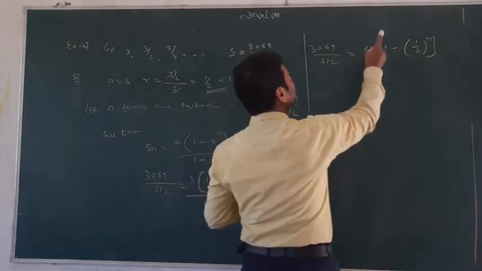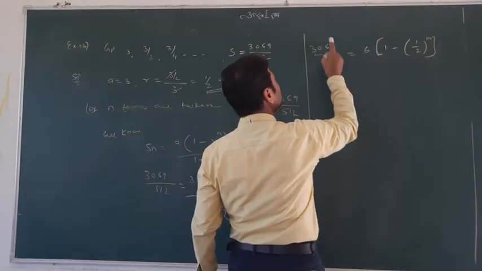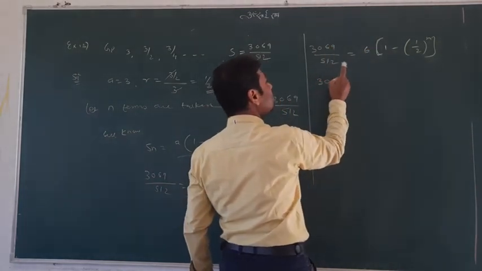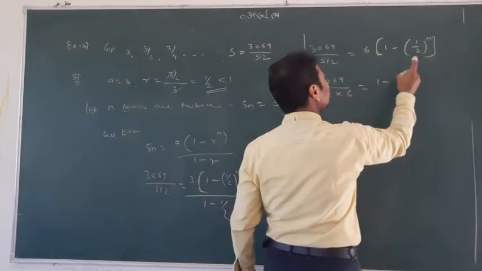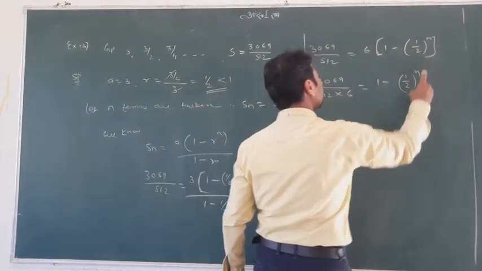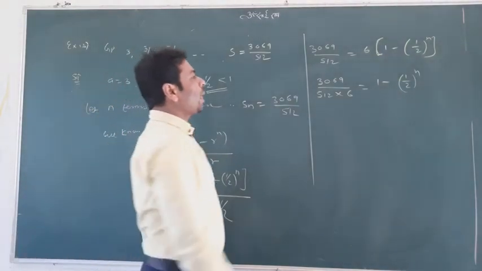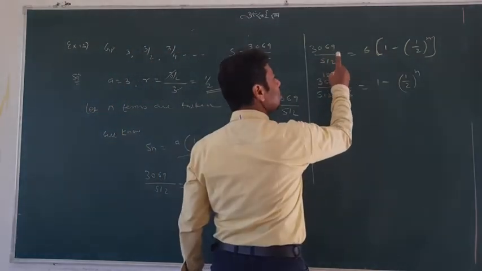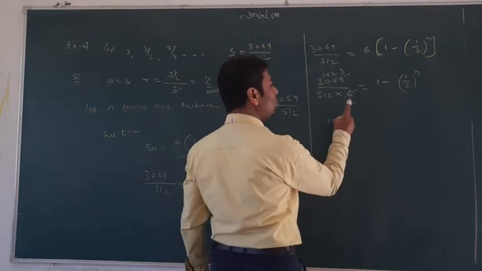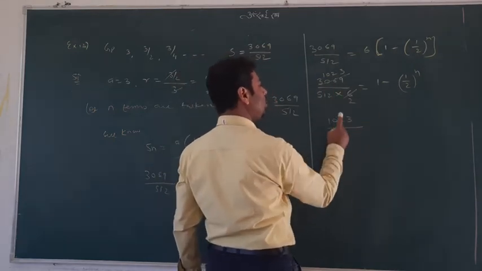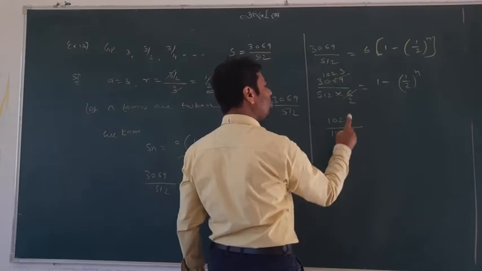Now I cancel these two. Look at the term: 3069 upon 512 into 6 will be there, times 1 minus 1 by 2 to the power n. Cancel by 3. 3 ones are 3, 3 twos are 6. Cancel by 3. And upside is 1023 upon these two, which will be 1024.